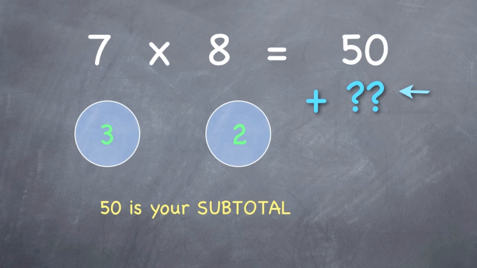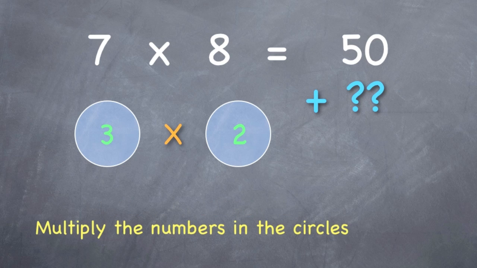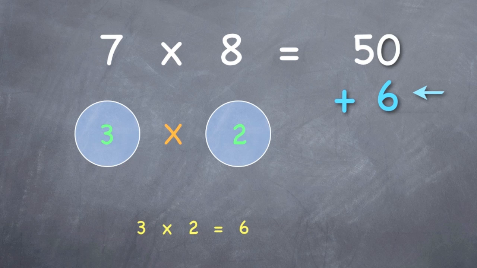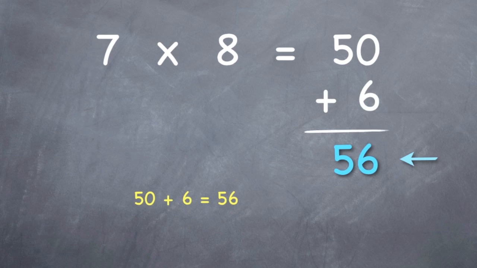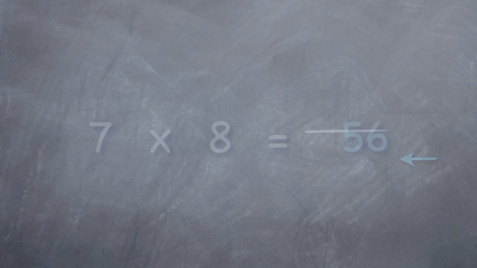And what will that extra number to add to 50 be? You simply look at the numbers in the circles, multiply them and add it to the subtotal. So 3 by 2 is 6. So the question turns into 50 plus 6, which will give 56. So 7 times 8 is 56.